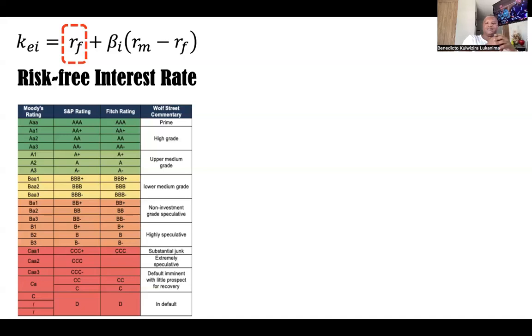As we go down, the risk increases, which simply means not all governments are the same in terms of credit ratings. And therefore, we should not expect each government security to be risk-free. It should depend on its rating.